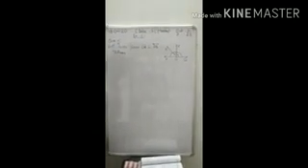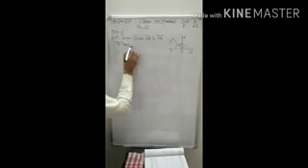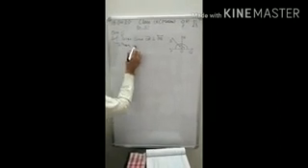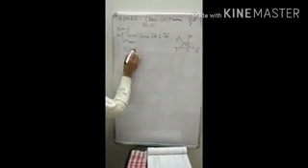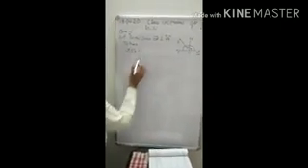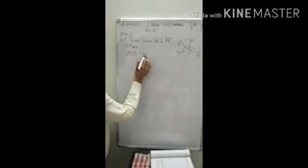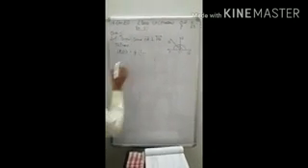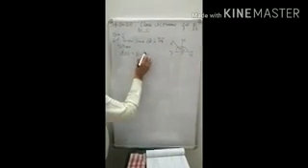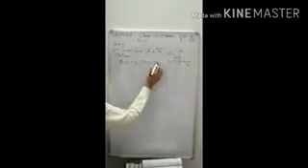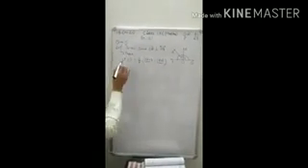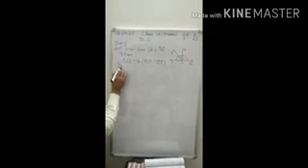We have to prove that angle ROS is equal to half of angle QOS minus angle POS. So let us start the proof of this.